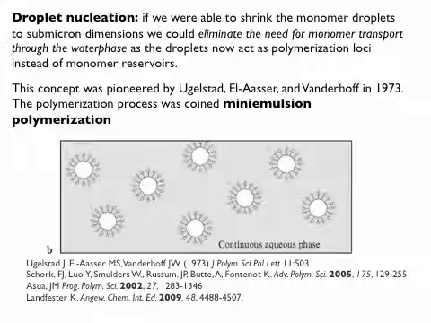I've put some references at the bottom here: the original paper by Ugelstad, El-Aasser, and Vanderhoff from 1973, and then two reviews, from which we've taken some images in this presentation, one by Schork, and one by Jose Asua, and some really nice review of what kind of stuff you can make, because obviously you can put all kinds of chemicals or other objects inside these droplets, so you can make composites and hybrids, by Katharina Landfester in Angewandte Chemie relatively recently.